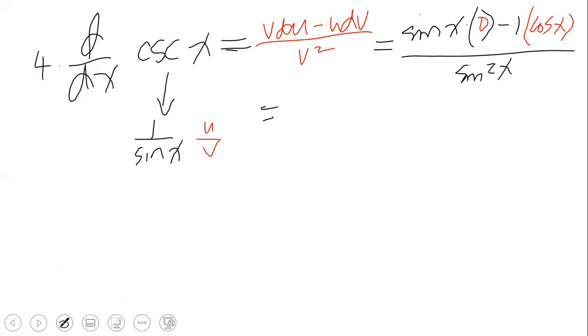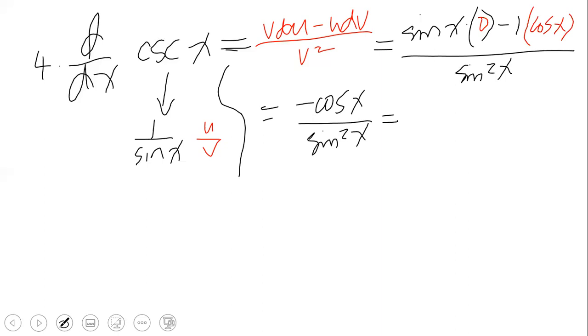So simplify na lang po natin ito. So sine x times 0. So that will be 0. And you also have 1 minus cosine x, so that will be negative cosine x over sine squared x. Remember, pwede natin split yung denominator kasi naka-sine squared naman.